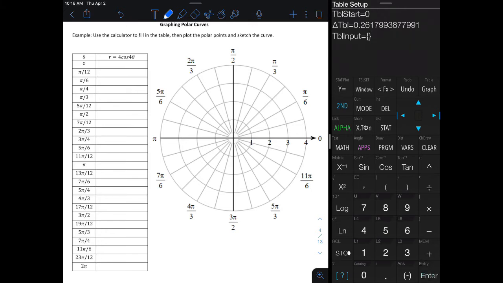On the actual TI-84, it has some other options below the change in the table size, where you could set it to ask for the independent variable, and it would make this process a lot easier. You just type in the theta numbers and it will tell you the r's. But I don't have that on this calculator here. Once I've got my theta step set, now I can go to my table.